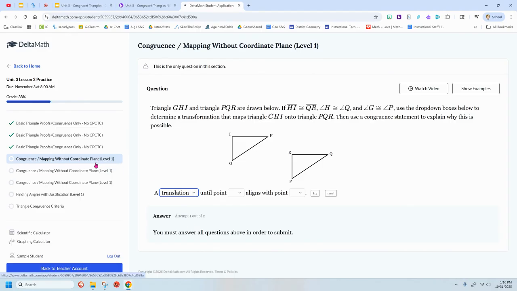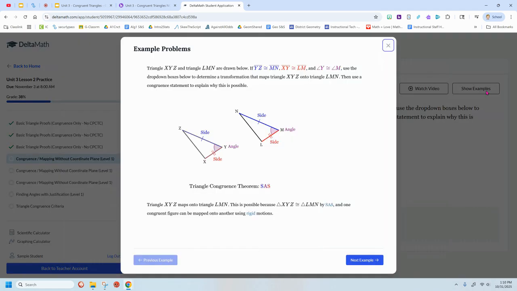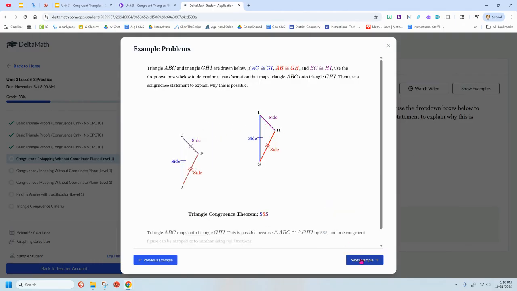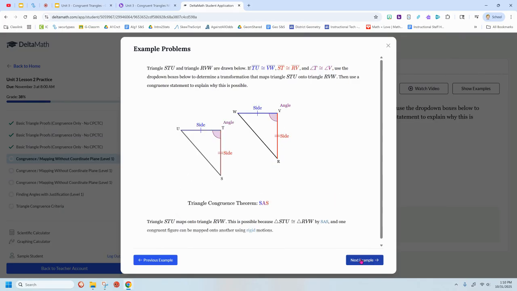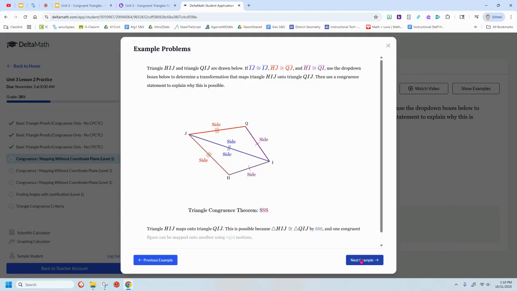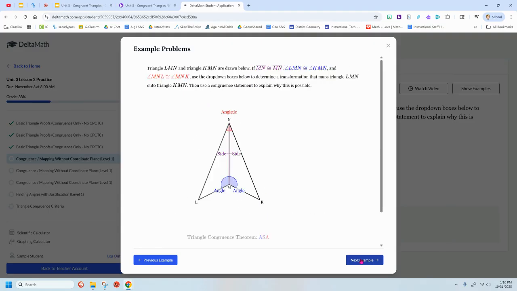There are 3 questions: one for rotation, one for reflection, one for translation. Does this have examples you could look at? Yes. Or a video you could look at? Yes. They're doing examples for each of them, rotation, reflection. They're all in here.